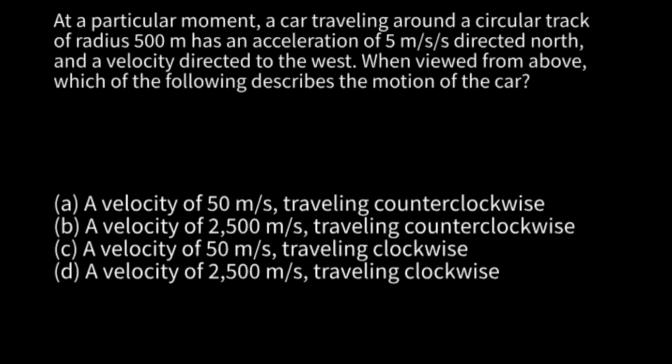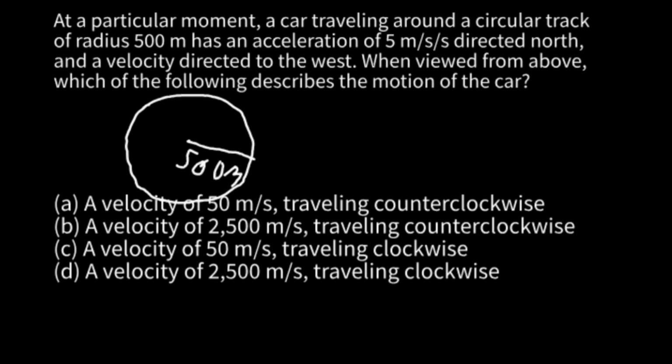Alright, here is our first problem. We have a car that's going to be traveling in a circular track. So let's just draw a picture to help us visualize this problem. There's our circular track. It has a radius of 500 meters, so from any point on the edge to the center of the track, it's going to be 500 meters.